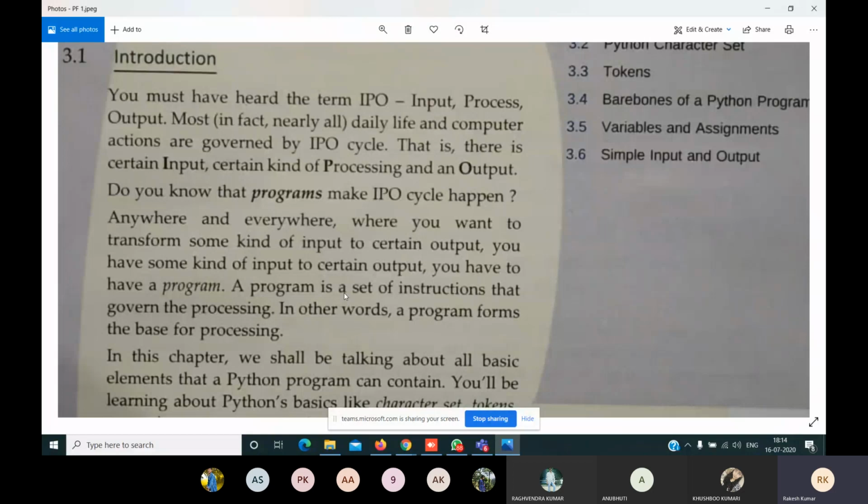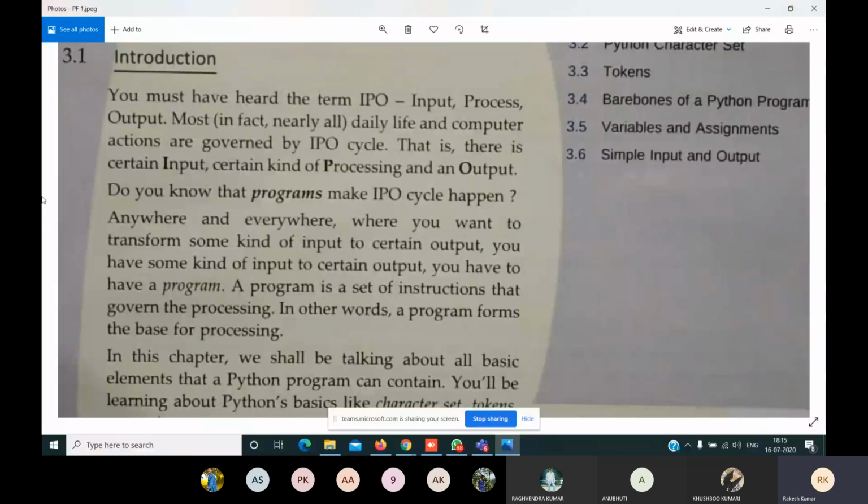Software is a collection of programs, and a program is a collection of instructions, because computers work on the basis of your instructions, and those instructions are given in the form of programs, in the form of software. All those instructions are created and developed by programmers.